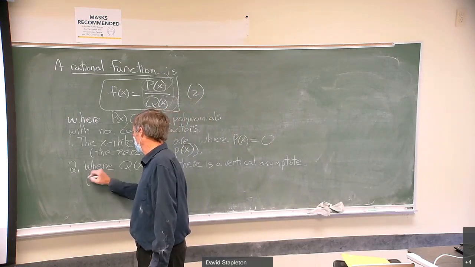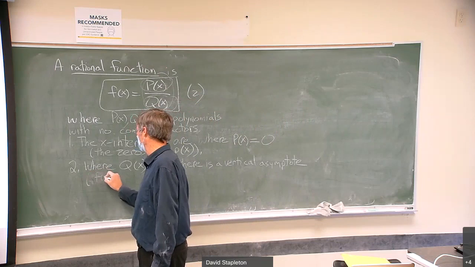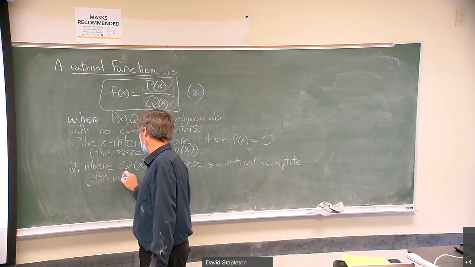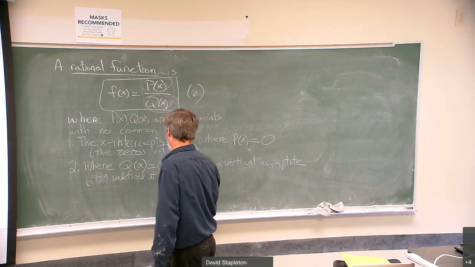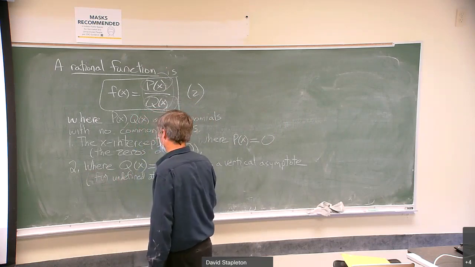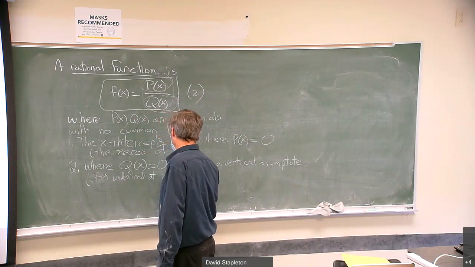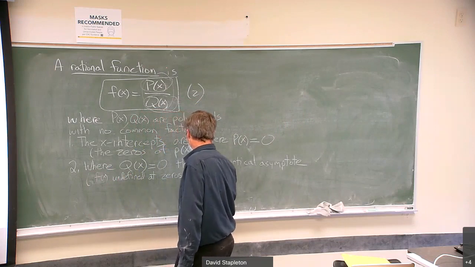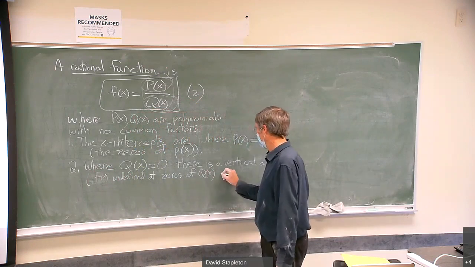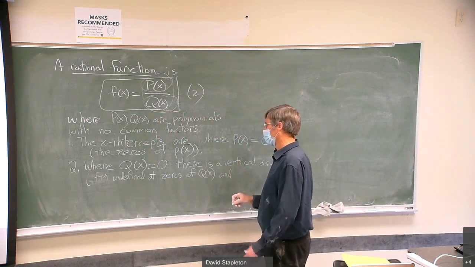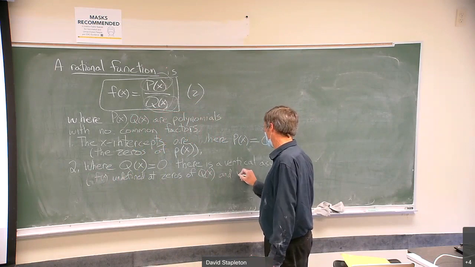So f of x is actually undefined at the zeros of q of x, where q of x equals 0, and large in absolute value, very positive or negative.